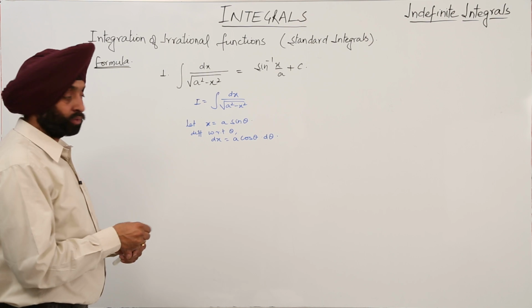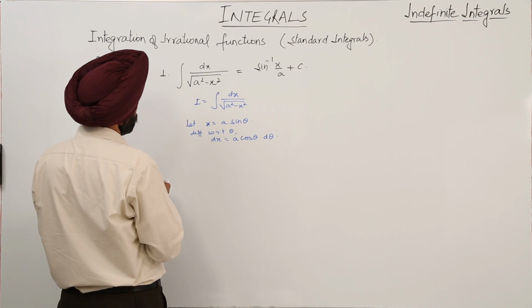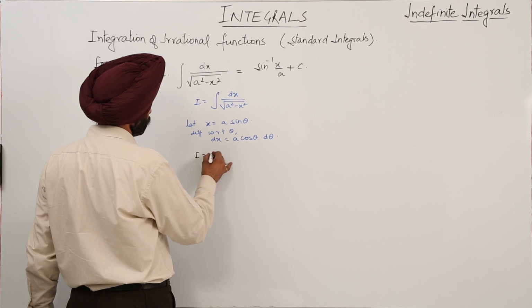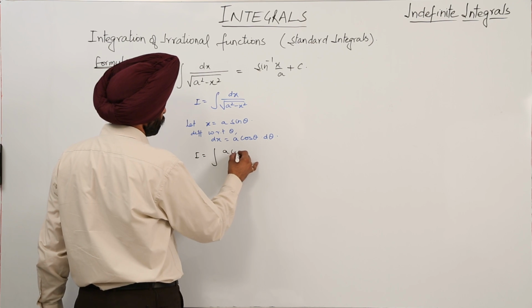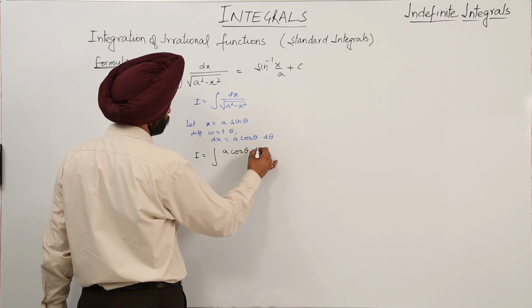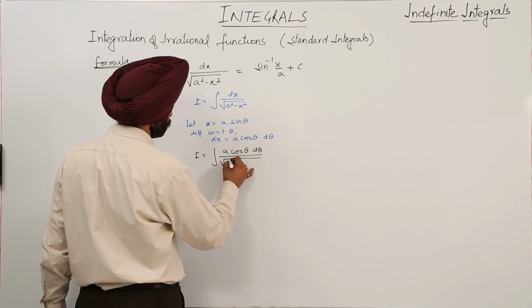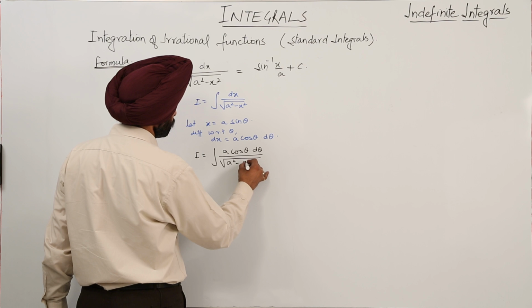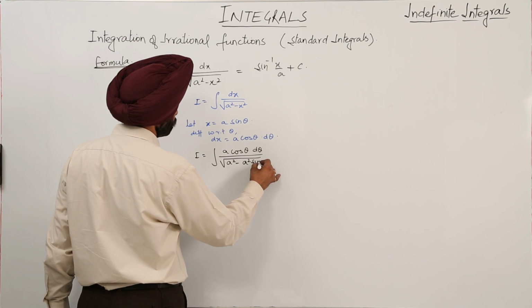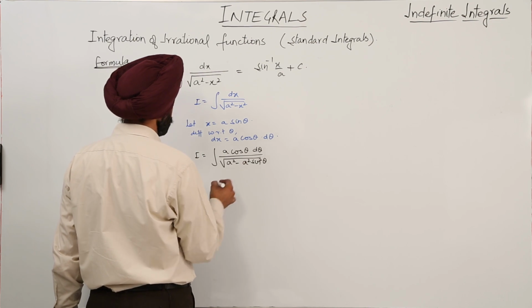Now, our question reduces to integration of a cos theta d theta upon square root of a square minus a square sin square theta.